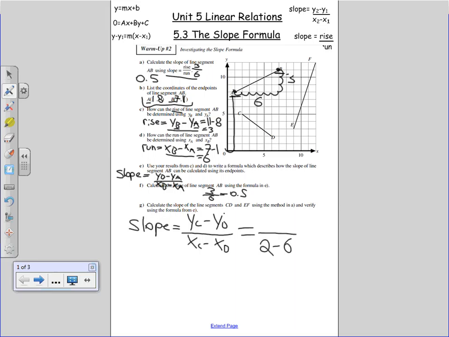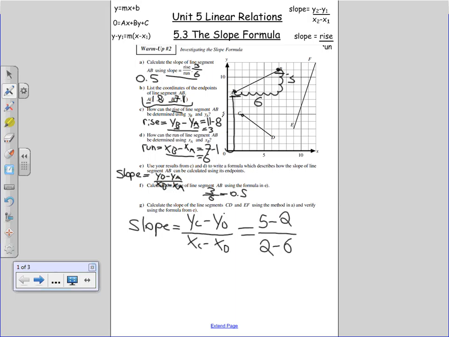On the top, what's the y value of C? 5. The y value of C is up here at 5. What's the y value of D? The y value of D. Oh, Michael. 2, yeah. Beautiful. You put those calculations in. And what do you get?